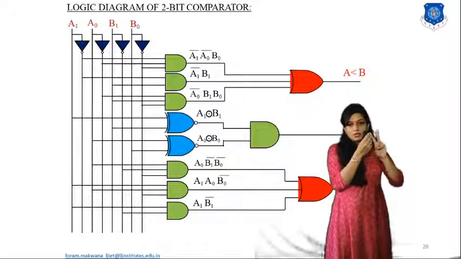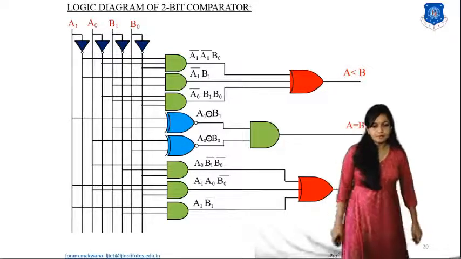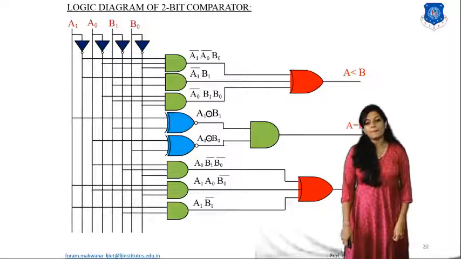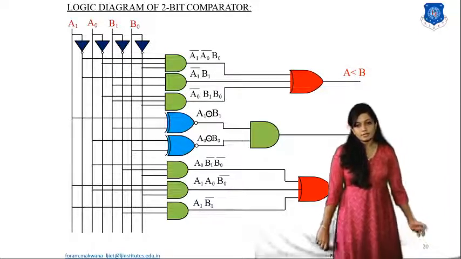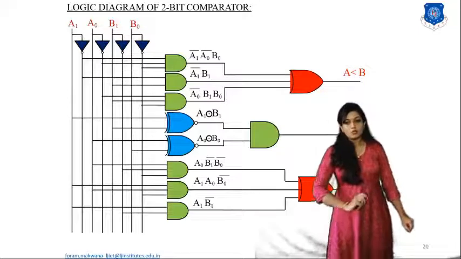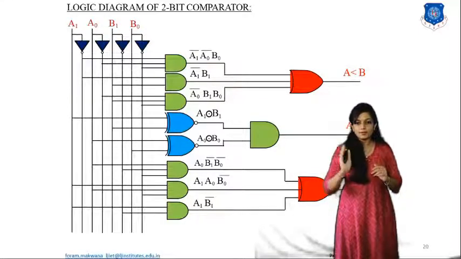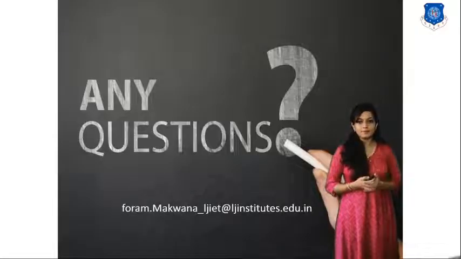The most significant bit of A is compared with the most significant bit of B, and the LSB of A is compared with the LSB of B. This is the way to realize the single bit comparator and the 2-bit comparator.